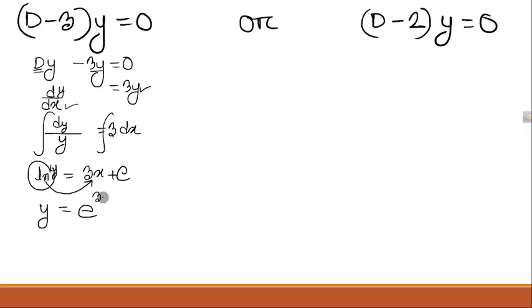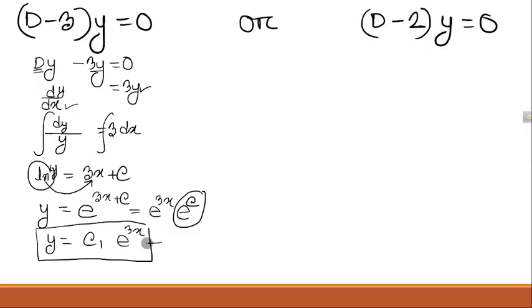So e to the power 3x plus c, and then e to the power 3x times e to the power c. Now e to the power c, what is this? It's a constant, right? And we can write e to the power c as a new constant, that is c1. So see, we have found a solution. It's one solution.